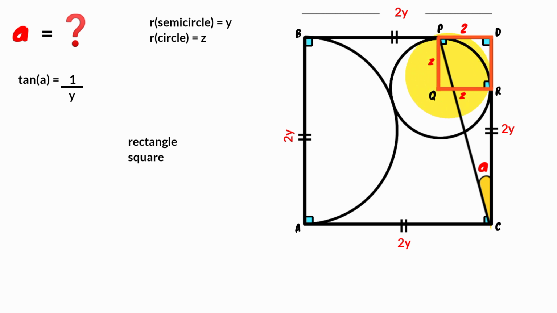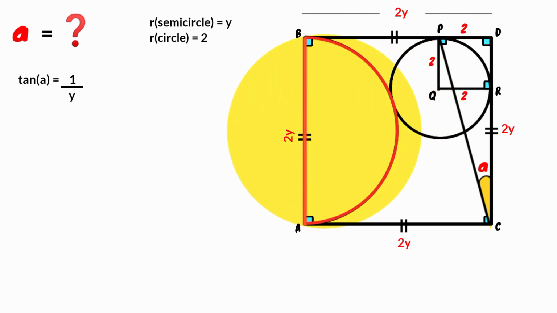That is only possible for a square. So the quadrilateral is a square-shaped quadrilateral. A square has all 4 of its sides to be equal in length. So since this side is z in length and this is 2, we can say z equal to 2. That is, the radius of this circle is 2 units.